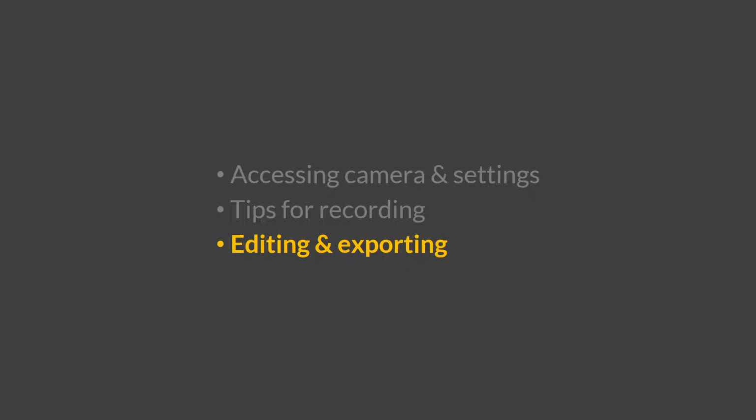What we're going to do now is focus on editing and exporting. So now that you have your video, now that you put in all that work to make it, and you have something that you think is going to be pretty good, how do you put it all together? How do you edit it? And then how do you actually get it onto social media or onto YouTube, or maybe even just to send it to an individual? Maybe you don't want it out there. How do you do all that?